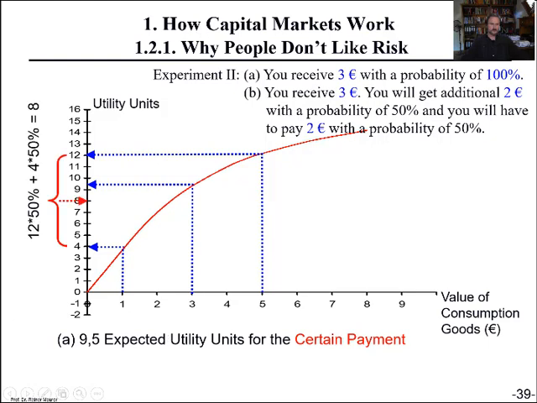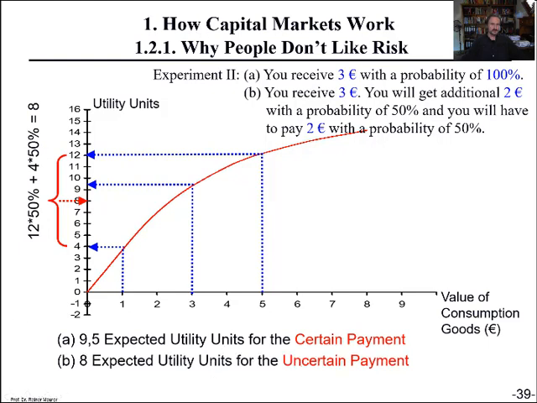Hence, expected utility of option B is smaller than the expected utility from the certain payment.